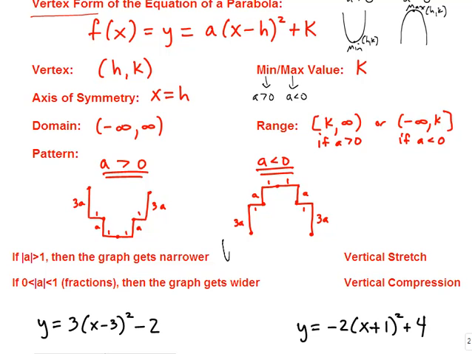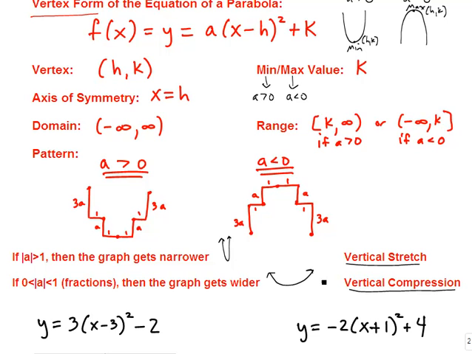So we're going to get a skinnier parabola than what we had before. And this is called a vertical stretch. If you have an a that's between 0 and 1, like a fraction, like a half or a third, then that's going to make the graph get wider, like this, and that's called a vertical compression.